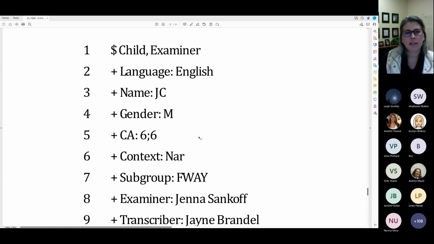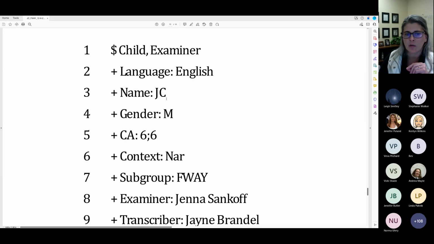Okay, perfect. At the first, you're going to see this first line that says child examiner. That's more for the computer system so that it knows how to analyze the information, so you don't need to pay attention to that. These lines that have pluses before them give you contextual information about the samples and or the child. So this child is an English speaker, which is why it says language English.